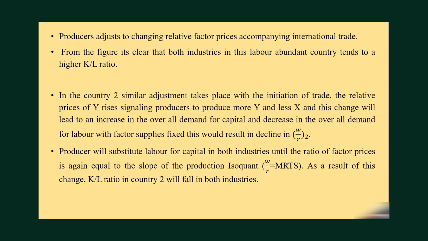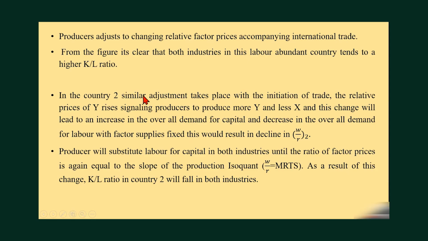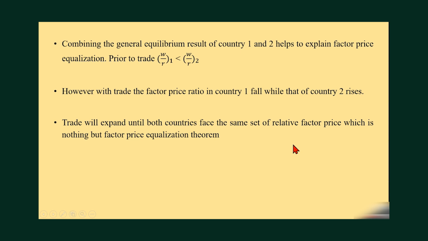This will continue till the point the producers reach a new equilibrium, denoted by the point of tangency of the isoquant line with the isocost line, that is W equal to MRTS. We observe that in a general equilibrium framework, the wage rental ratio in country 1 was less than the wage rental ratio in country 2 prior to trade.